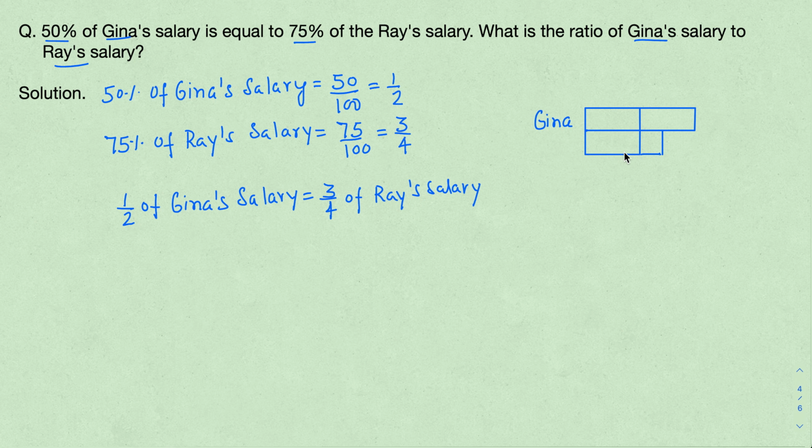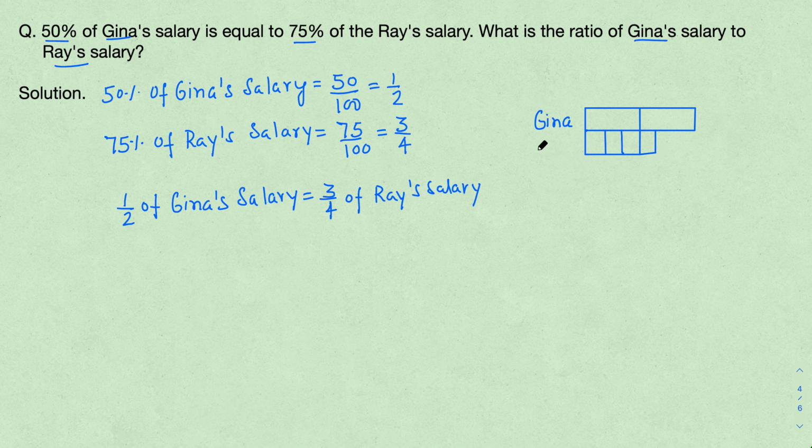So see here, in how many units should I divide this? I should divide this into 3 equal parts, so that 3 units of Ray's is equal to 1 unit of Gina's salary, right? And in total he's having 4 units. I mean, this one doesn't look that much equal. Okay, so let's make it equal. Okay, yeah, so that looks better.